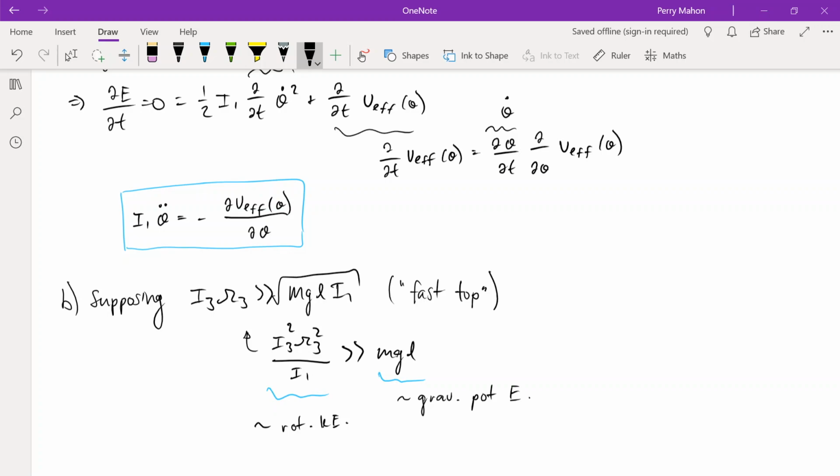So one of the consequences of the fast top approximation is that the kinetic energy is a much greater contribution to the total energy than the gravitational potential energy. That's one way to interpret this approximation.